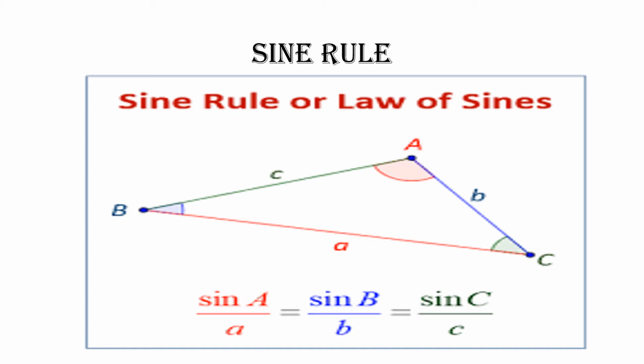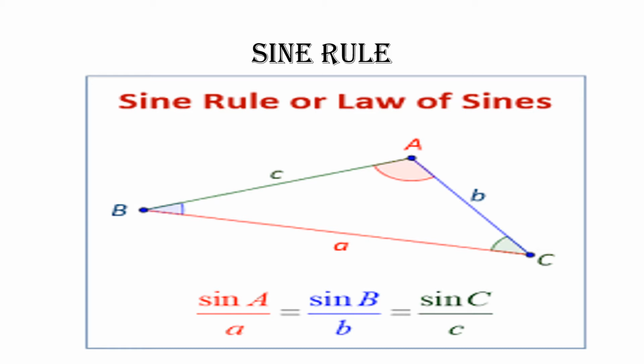I say, yes, that's true. What if the triangle is not a right angle? How do I find a missing side? Well, here is a possible solution. If the triangle doesn't have a right angle, a 90-degree angle, then the sine rule and cosine rule are the way to go.